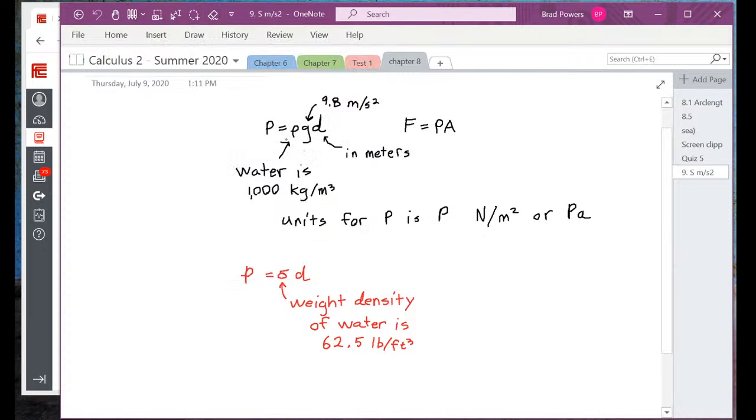In any case, pressure is actually force over area. So again, it is your force per square meter.